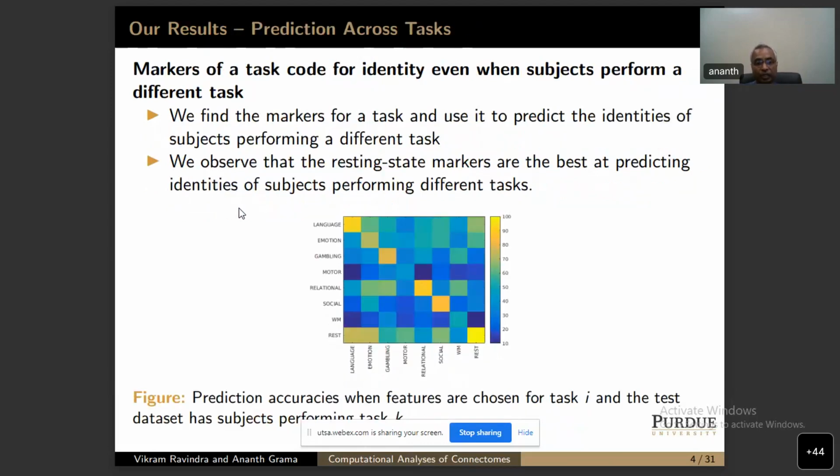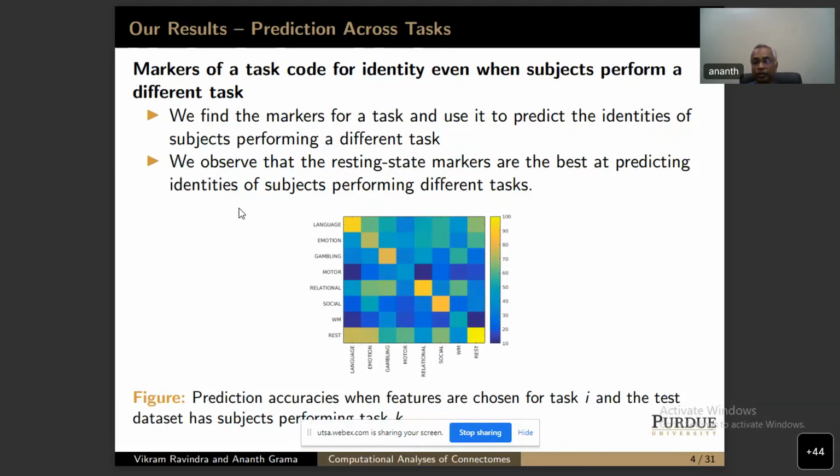So of course, you would ask the next question. Oh, by the way, there's a cool thing here as well. You might ask the question, do markers of a task code for identity even when the subjects are performing a different task? So let's say on day one, you were doing language, and on day K, you were gambling. Could I use the markers for language to predict who you are, even though you were gambling at your second session?